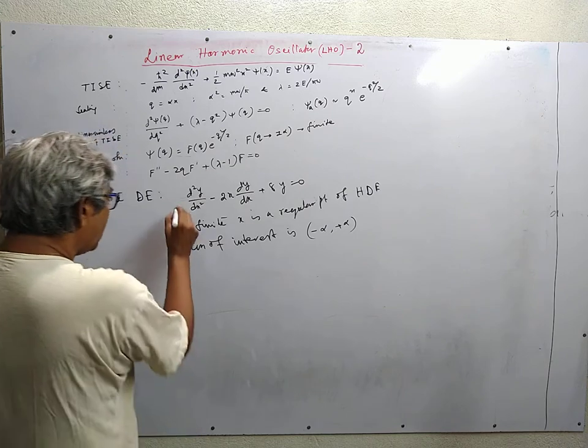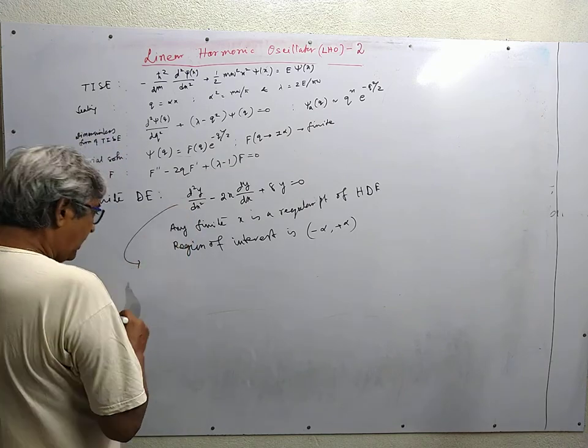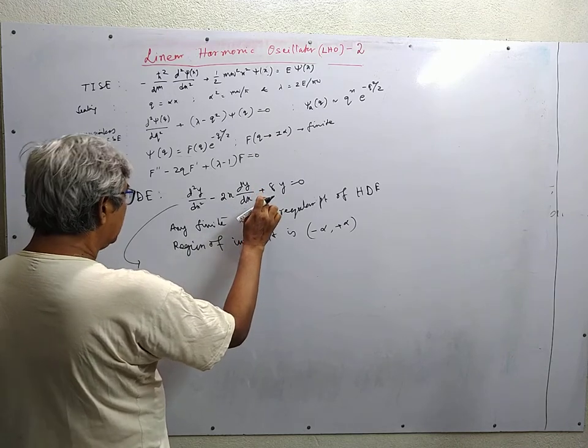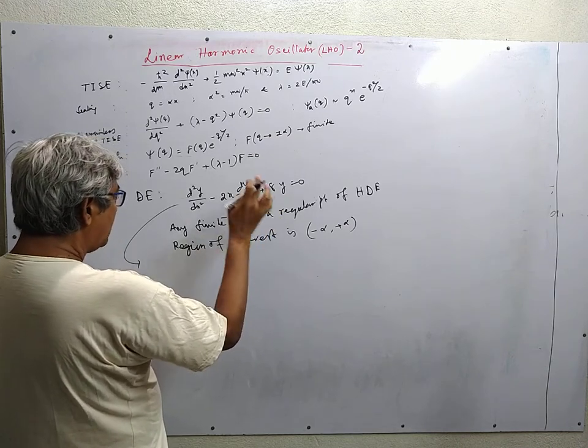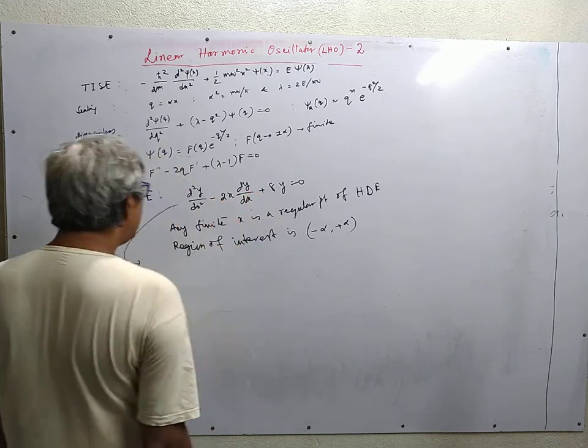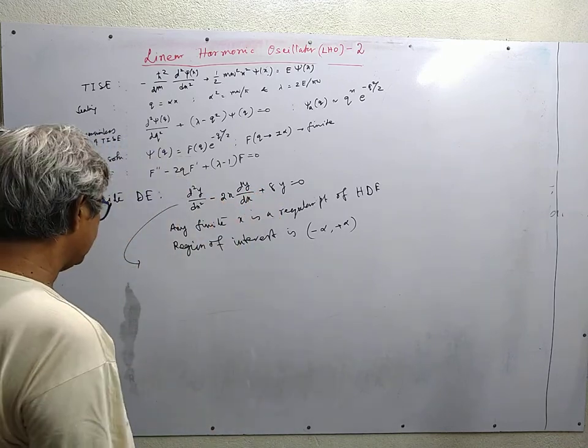Now we recall that if we try to solve this equation by Frobenius method or power series method about x is equal to 0, we'll end up with an infinite series.